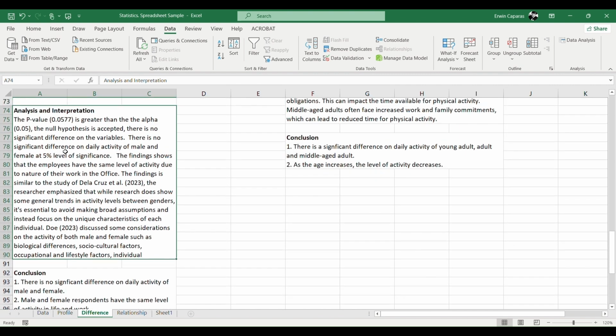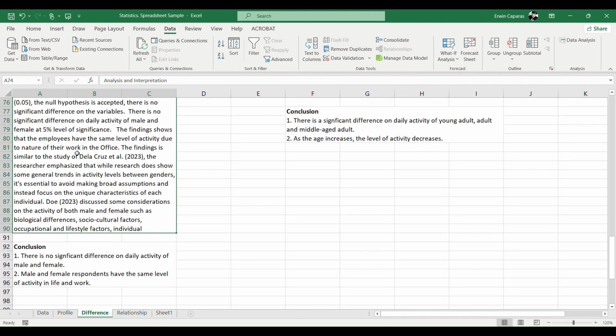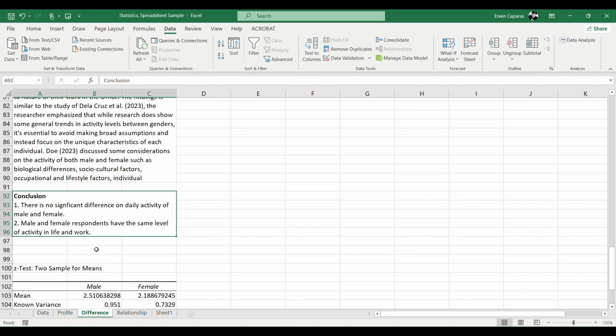Okay? So, coming from this analysis and interpretation, we can now make a conclusion. Okay? Conclusion number 1, there is no significant difference on the daily activity of male and female. And conclusion number 2, male and female respondents have the same level of activity in life and work. Okay?